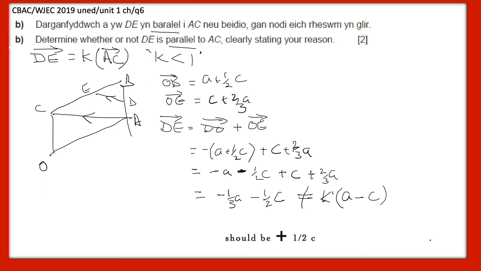Therefore, they're not parallel. Okay, you would need to write that in words.